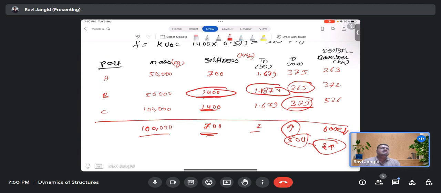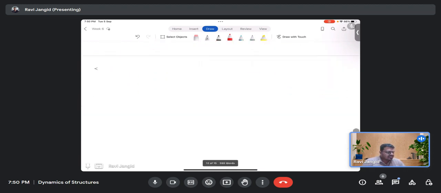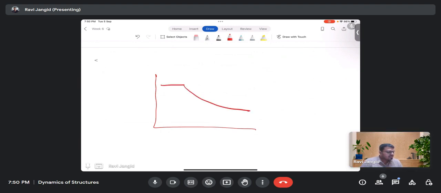As you increase the time period, your demand will reduce. Let us make a curve, the SA by g curve. From T1 to T2, if you go, your demand is decreasing, like SA1 to SA2.